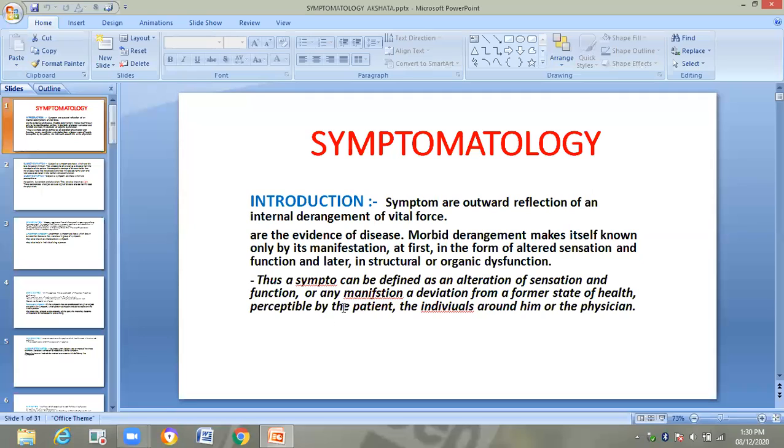Thus, a symptom can be defined as an alteration of sensation and function, or any manifestation or deviation from a former state of health perceptible by the patient, the individuals around him, or the physician. So as I told previously, disease is nothing but any alteration in sensation and function, as well as any manifestation, a deviation from the former state of health perceptible by the patient, the individuals around him, or the physician.